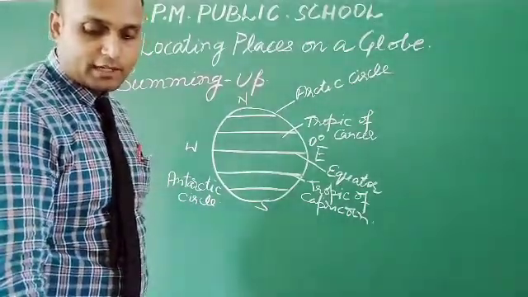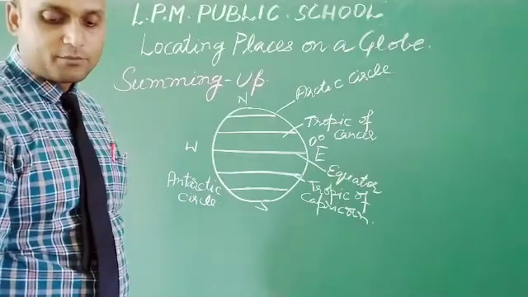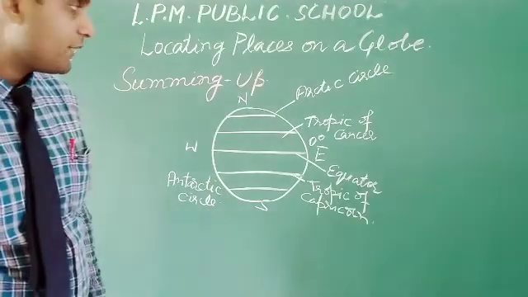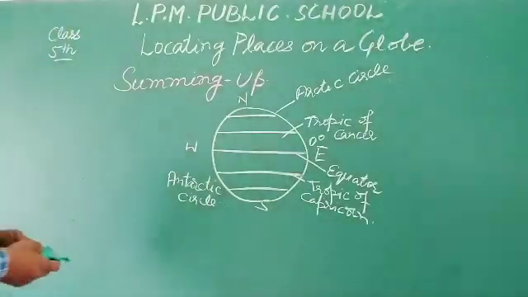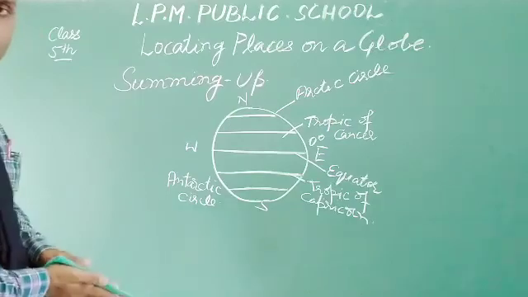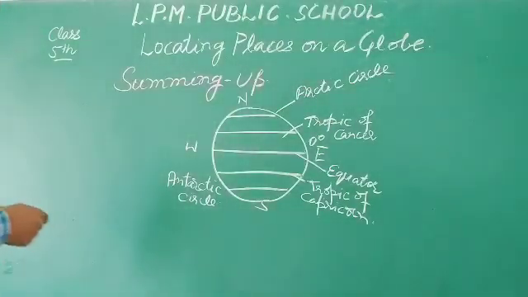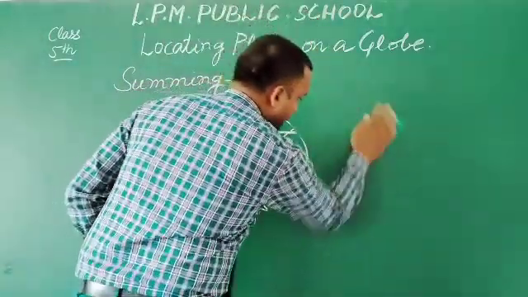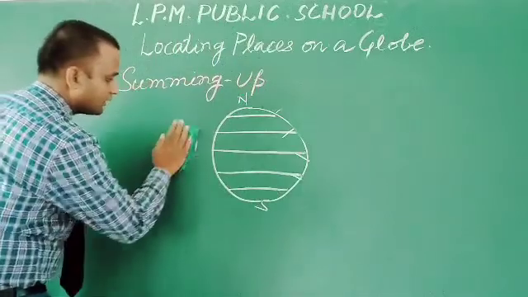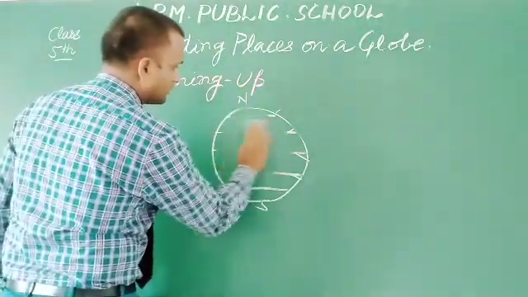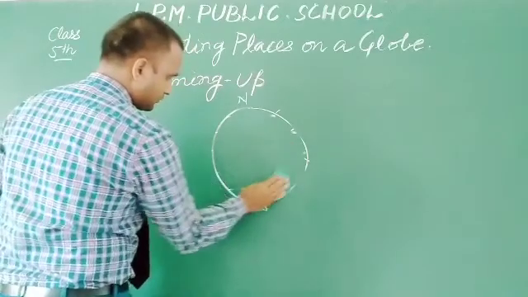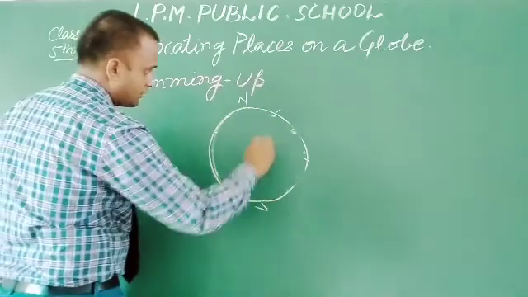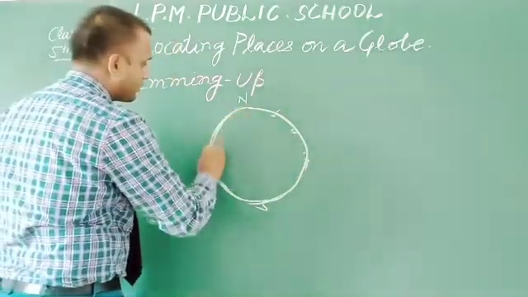After that, lines of longitude are imaginary lines that run from the north pole to the south pole. They are also called meridians. When we are talking about meridians or lines of longitude, hope you all have written these points. Again we are darkening the boundaries of the globe.